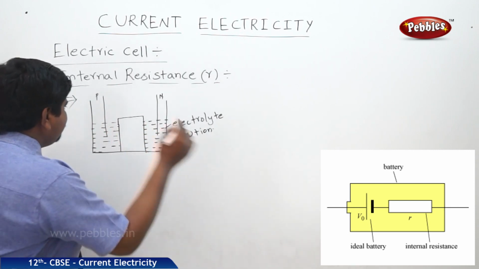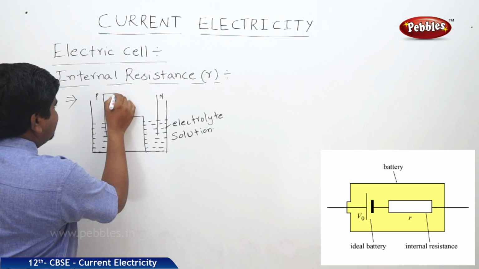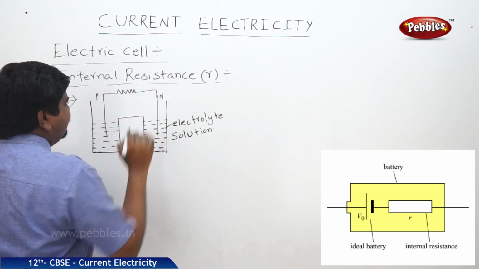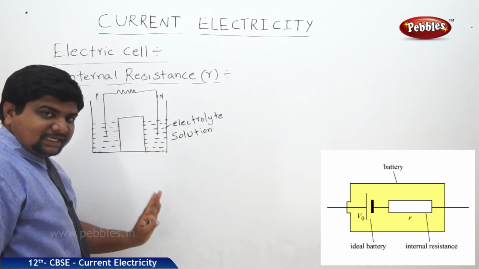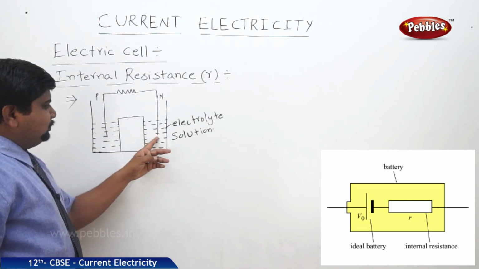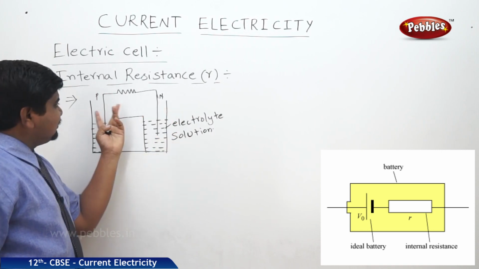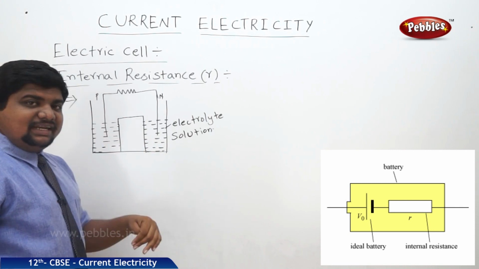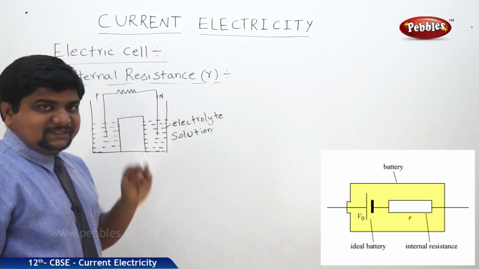What is the reason? Whenever these two electrodes are connected by any wire, maybe tungsten or nichrome or any connecting wire, this electrolyte starts to produce the sufficient potential difference between the two terminals. This means the electrolyte does some chemical reaction to produce the sufficient potential.